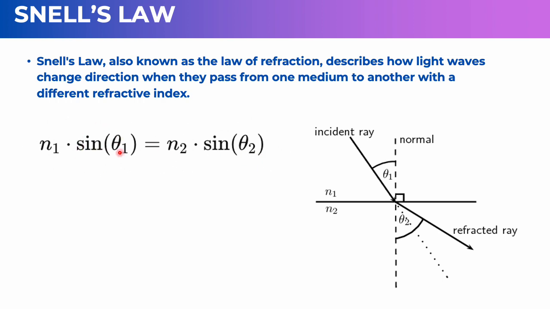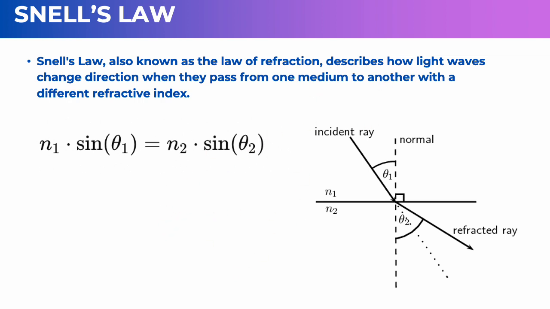That means sine theta c, which is theta critical, would be equal to N2 divided by N1. From there we can find the critical angle for any interface of two refractive indices.